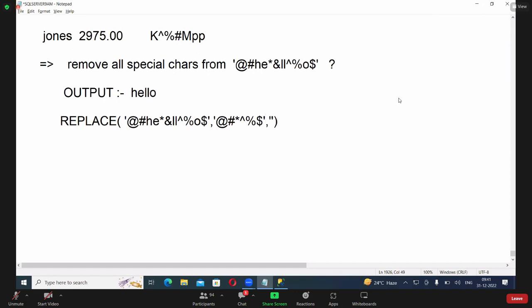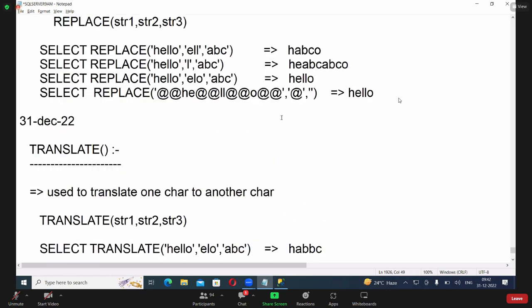You check the previous example, based on the examples you tell. Then the string is replaced with null. So here, in case of replacing ELO, can we replace ELO? No. Why? ELO is there or not there? ELO is not there.